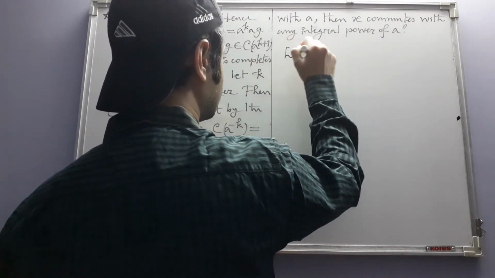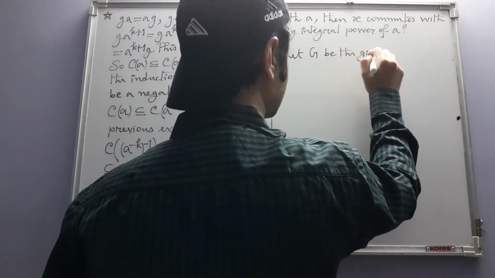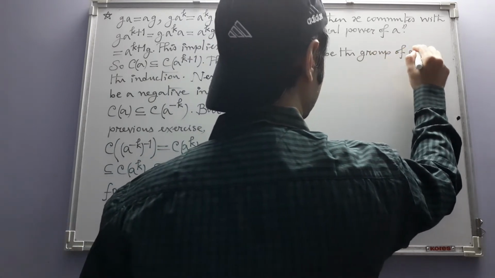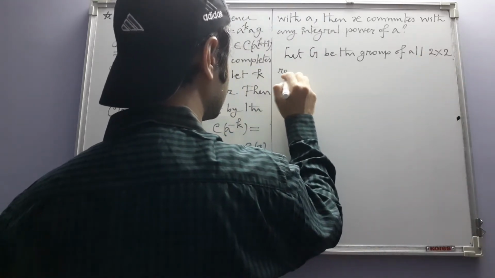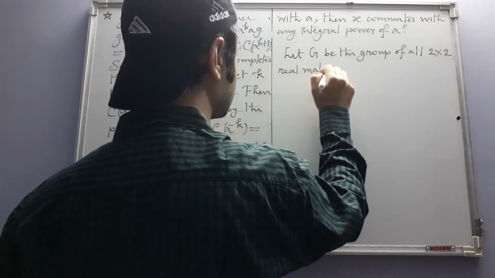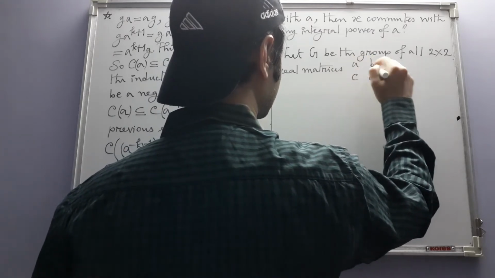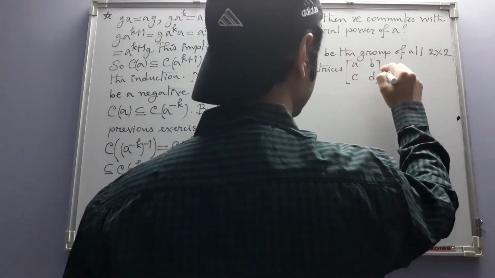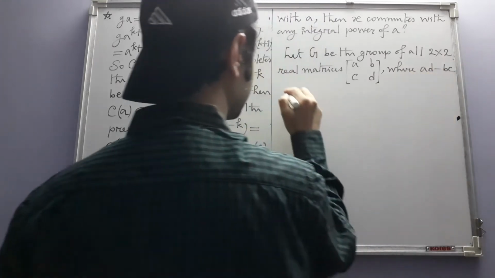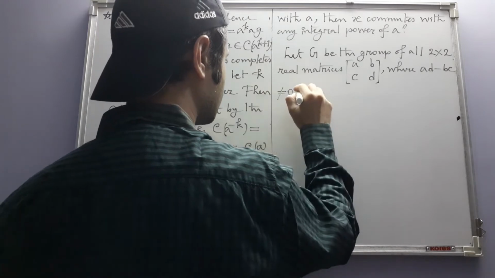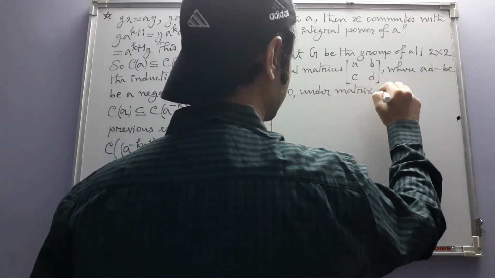Let G be the group of all 2 by 2 real matrices A, B, C, D, where AD minus BC is not equal to 0, under matrix multiplication.